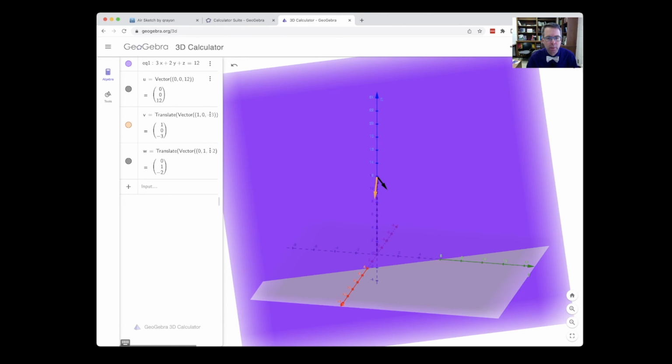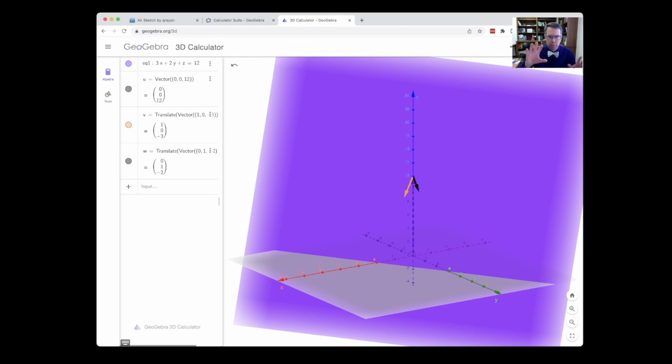I think the same thing that was causing my audio issues was causing staggering on my browser. I didn't realize it at the time. But those two vectors give me two directions in the plane. From that point 0, 0, 12, if I follow those two directions, they stay inside the plane. And every point in the plane I can get to by starting at 0, 0, 12 and then following each of those directions some particular amount.